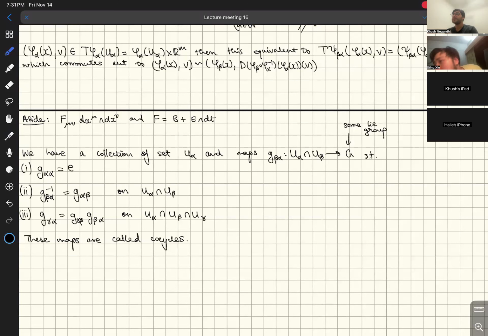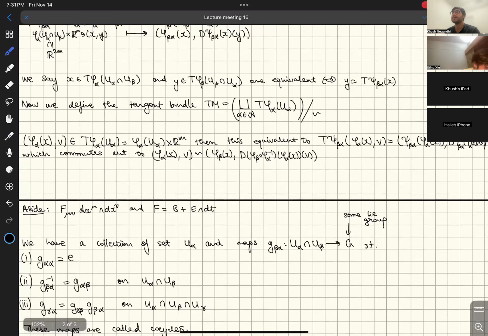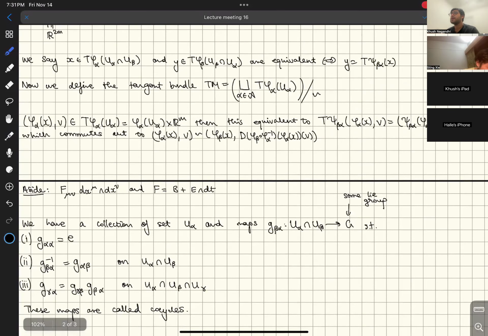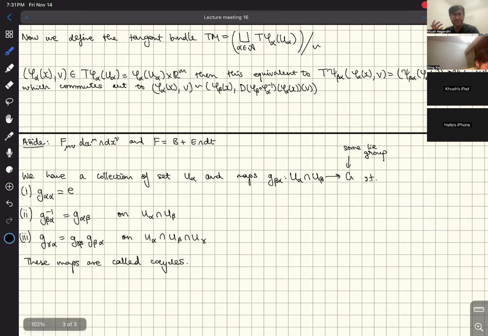But if we allow infinite dimensional Lie groups, we can generalize this notion of a cocycle to a more general type of construction.